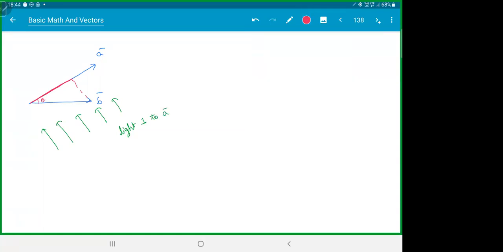So if this is theta here, this will be the shadow of B bar along A bar. And this will be B cos theta, because that is the adjacent side. So we can simply write here the same thing. Vector component of B bar along A bar, or the same thing, the projection of B bar along A bar.